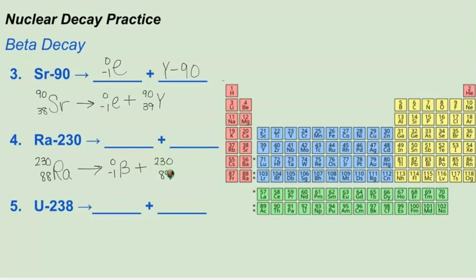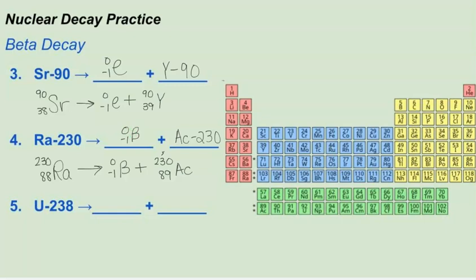So now it is at 89, which would be element Ac. Then we'll write our shorthand notation, Ac-230. It's good to practice writing those different notations. And then, of course, the beta symbol, 0, -1, beta.